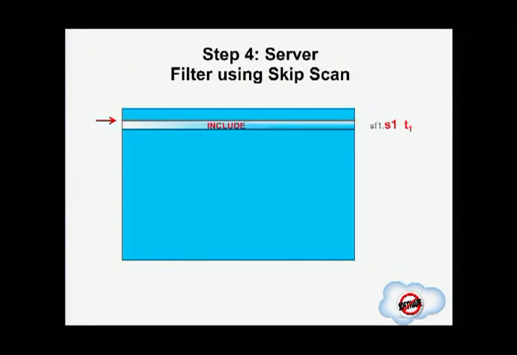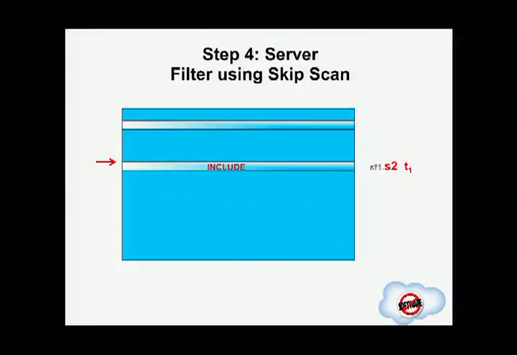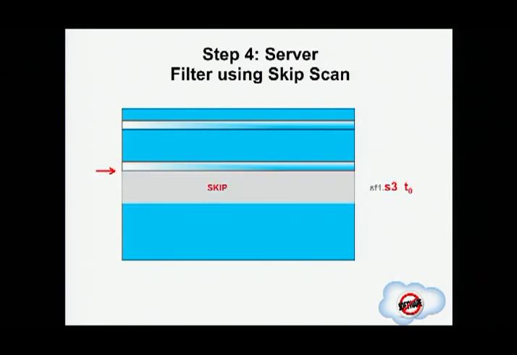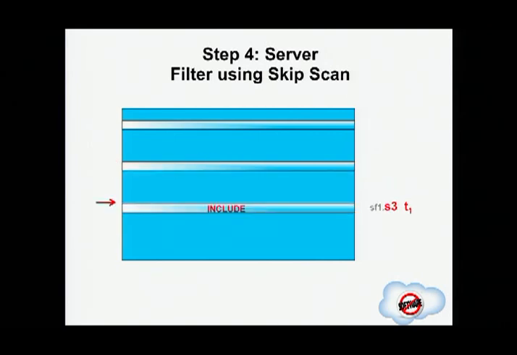And then once it reaches there, it's going to start to include all of the data up until it finds another machine, in this case S2. And then again, it's going to start skipping that data because, again, it's 90 days back for the time component of your key. So it'll skip over all of that data, and so on. It'll just basically skip through the data that it doesn't need, skipping, say, 90% of your data.